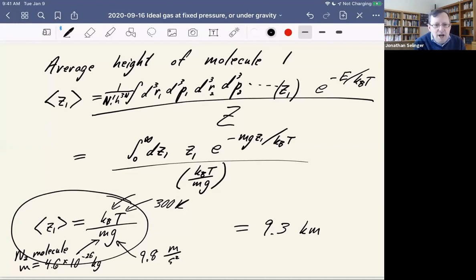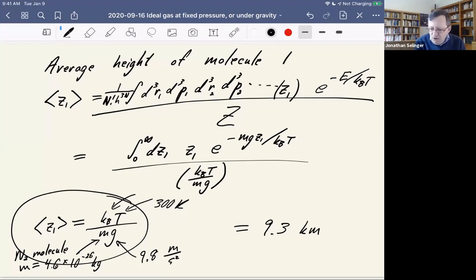And the complicated integral over r would be both in the numerator and the denominator here, right? So I would get something a little bit more complicated in both the numerator and the denominator, and it wouldn't come out exactly like this, but it would come out very close to this, right?